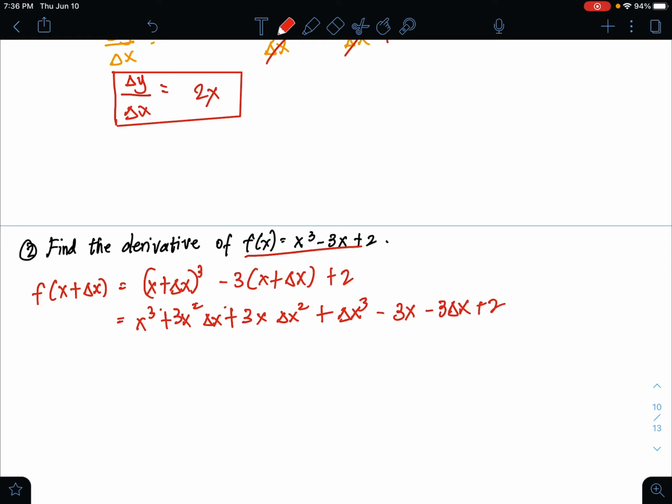Okay, so let's see if we can cancel anything. Do we have something that can be added or combined or cancelled? None. Okay, so since there's none, let's continue. So, f of x plus delta x is x cubed plus 3x squared delta x plus 3x delta x squared plus delta x cubed. We won't separate it now, we'll separate it later. I know it's the same anyway, but this makes it shorter to write.